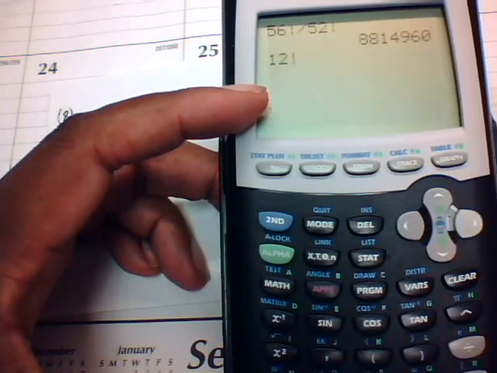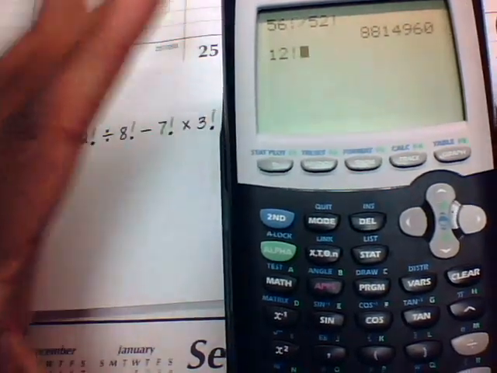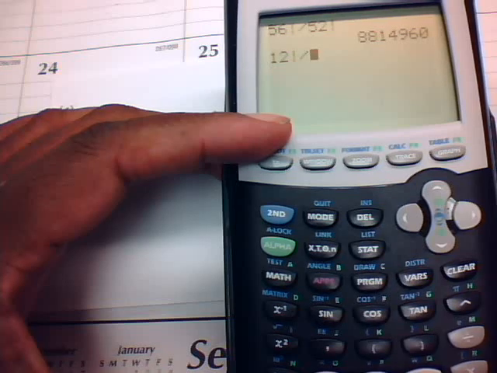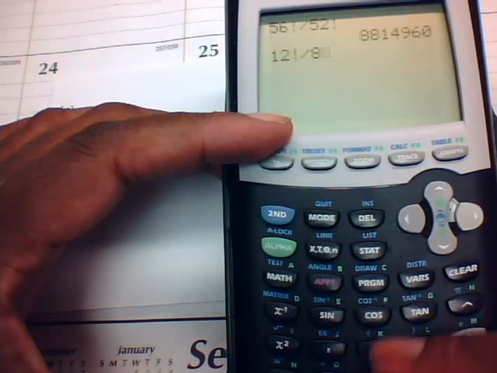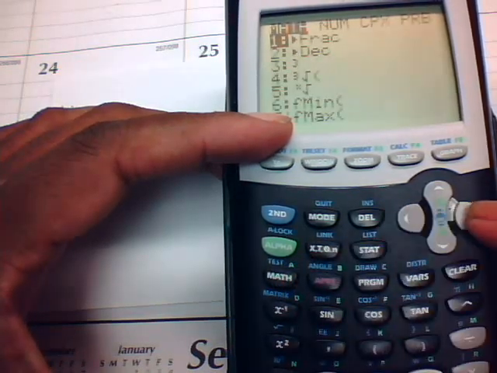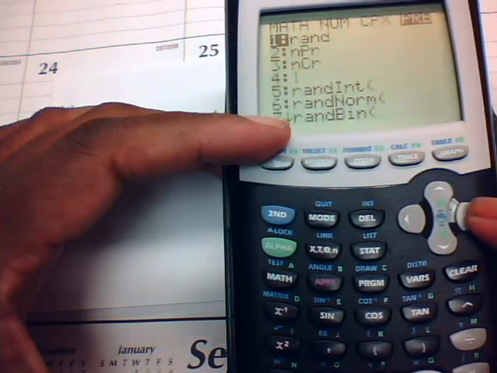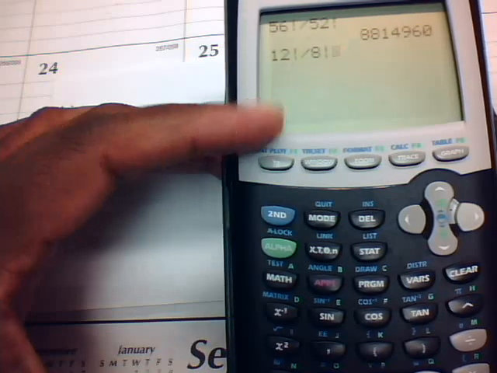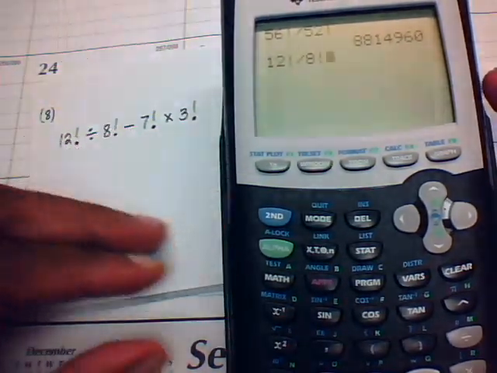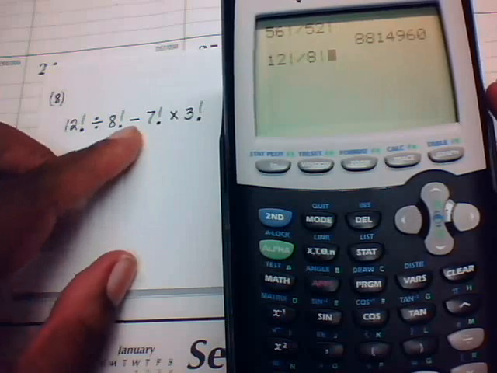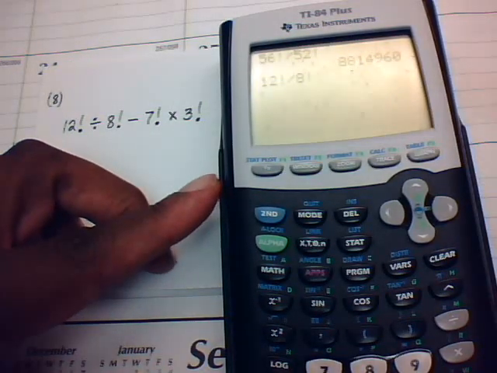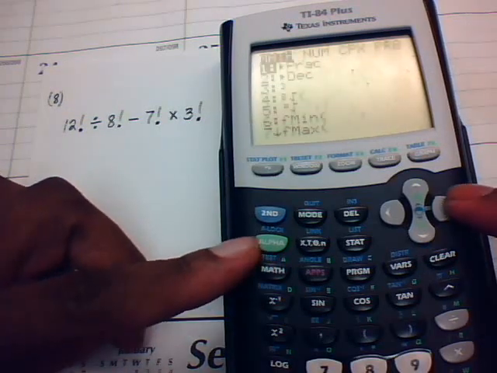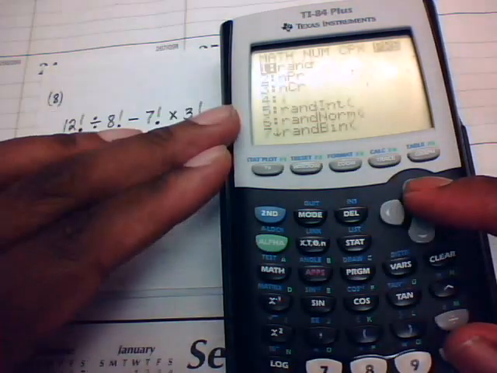Press enter. And this is what divided by 8 factorial. So divided by and then 8. Hit your math key. Go to the PRB menu and then select number 4. Hit enter. So that's 12 factorial divided by 8 factorial. Then minus 7. Then your math key. Go to the PRB menu, select number 4.